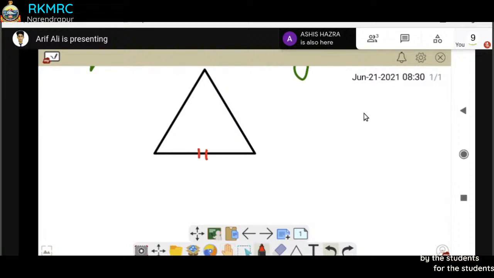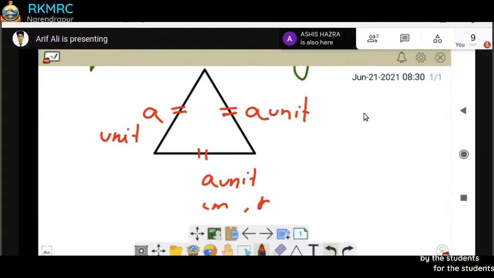All the sides are equal. If this is your A, this is also A, this is also A. All with unit. Some unit: centimeter, meter. It will be given in your question. If not given, then it will be given in unit itself.